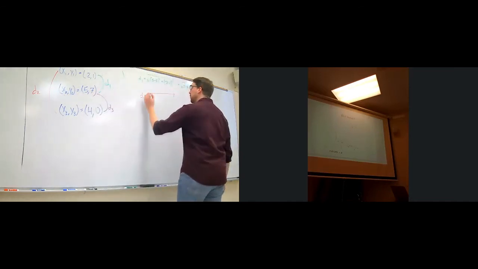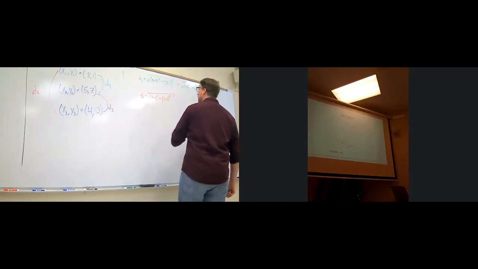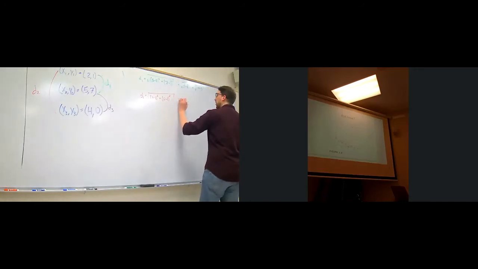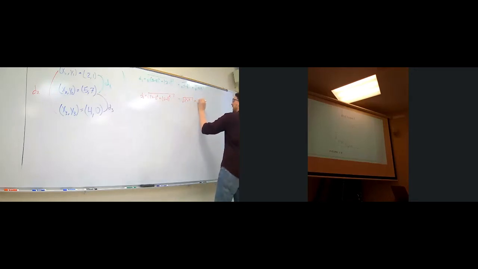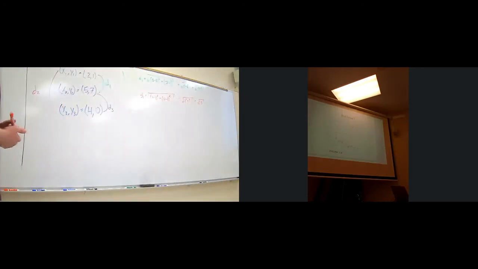So D2 is going to be the square root of 4 minus 2, that quantity squared, plus 0 minus 1, that quantity squared, which is 2 squared plus 1 squared, or the square root of 5. Everybody agree?